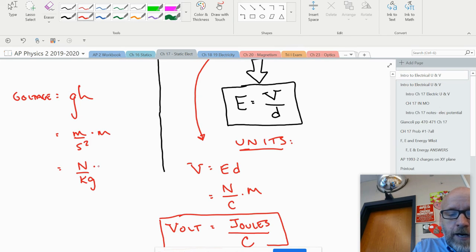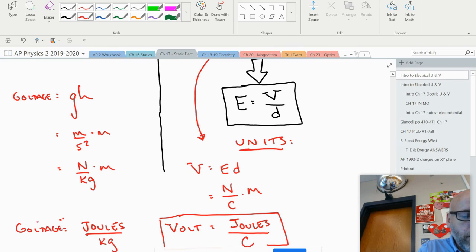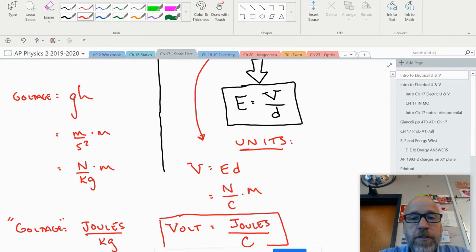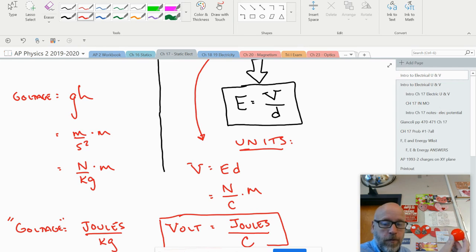So a newton times a meter is going to give us joules, and what we'll end up with for units would be joules per kilogram. Voltage is a measurement of gravitational potential. And basically, if I put a mass m there, it will have potential energy. But this spot in space just has joules per kilogram placed there.